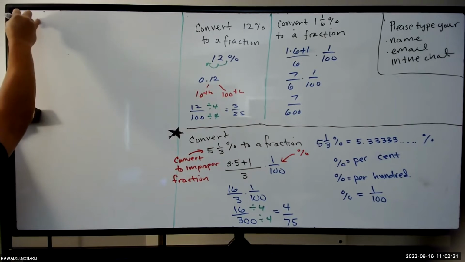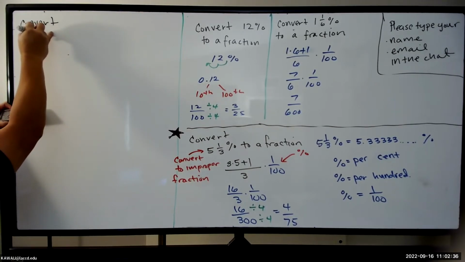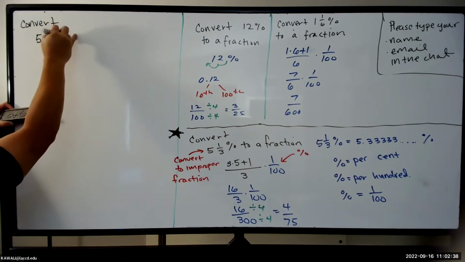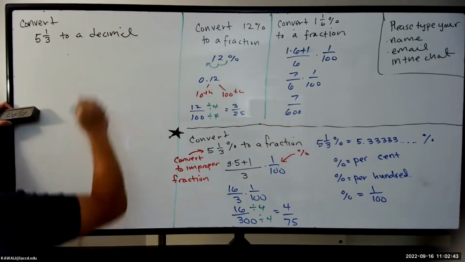So let's convert 5 1/3 to a decimal. Go ahead and give it a try.